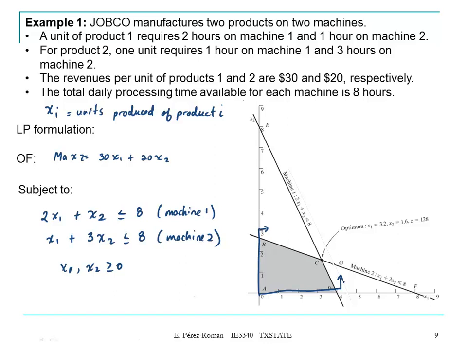The optimal solution using the graphical method will be here: x1 equals 3.2, x2 equals 1.6, and the optimal value will be 128. I'm assuming you know how to find the optimal solution. That will be point C.